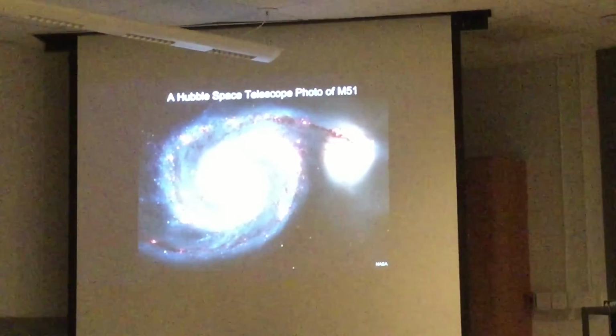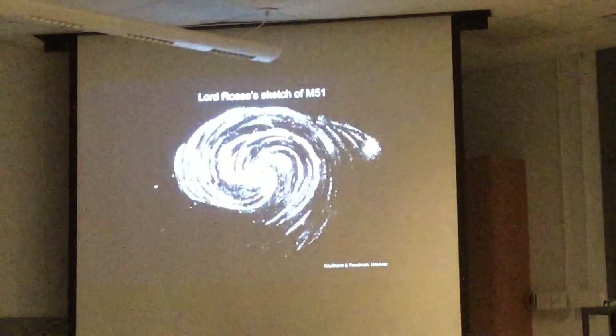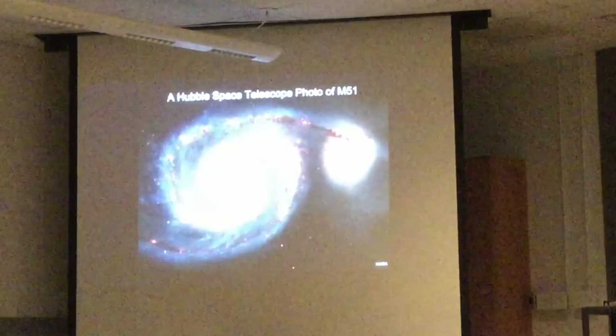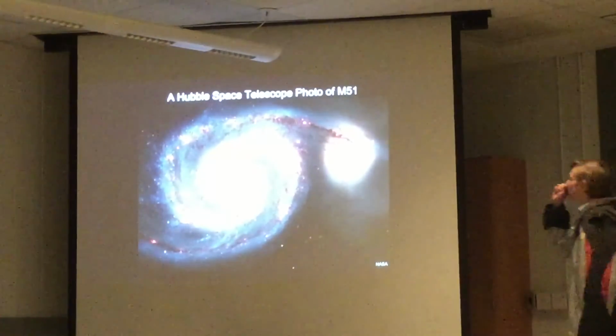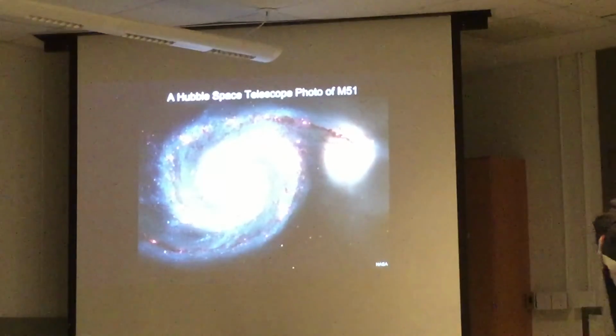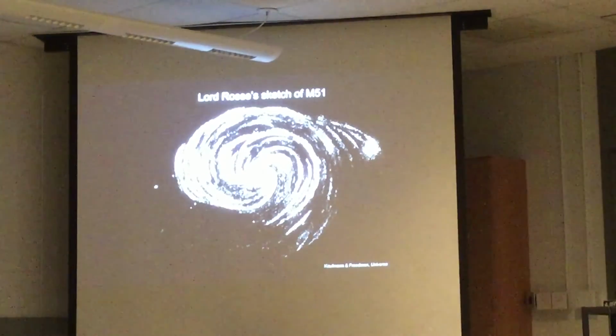That's actually another galaxy that's interacting with it. It's the same orientation. Right. So that tells us that these are essentially in the same orientation. And in fact, you can even see this H2 region here appears to be visible in Lord Rosse's drawing here. Pretty cool, huh?